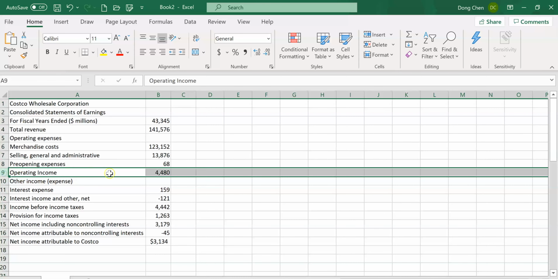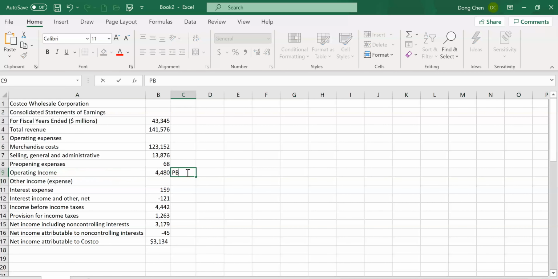All the items above the operating income are operation related. So we start with what we call NOPBT, net operating profit before tax. So this is basically the NOPBT.